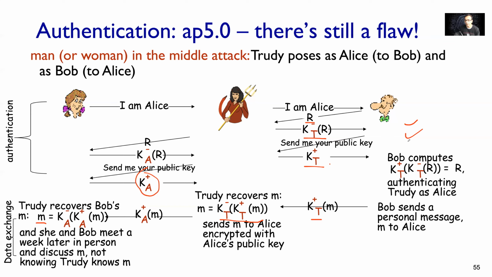At a later point in time, if they need to communicate again, both of these entities would assume that the communication happened correctly, because the recipient did receive the message which was sent. The message wasn't altered. But the problem is Trudy has also seen the message. Trudy has got access to that message by inserting herself in the middle of this communication. That's the problem: this attacker has also seen the message, which is not what we want.